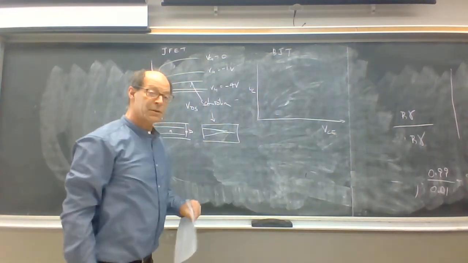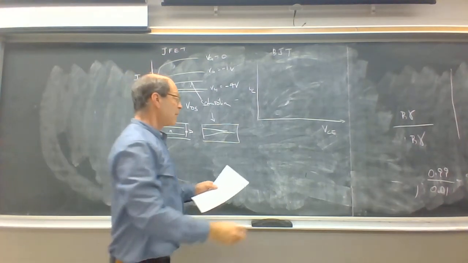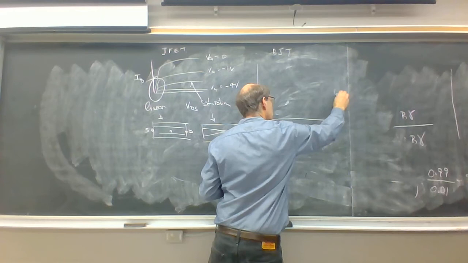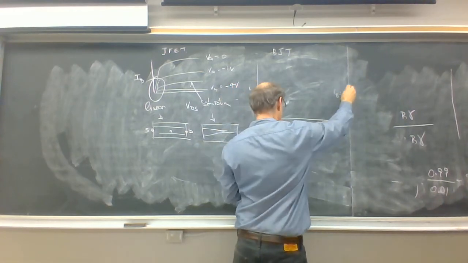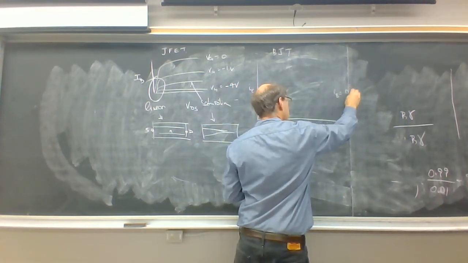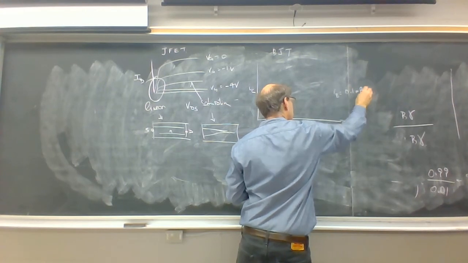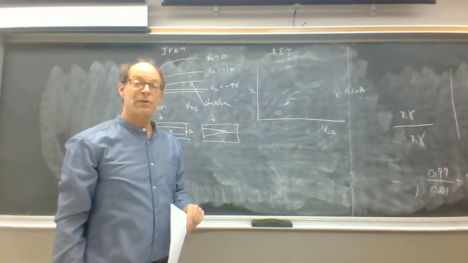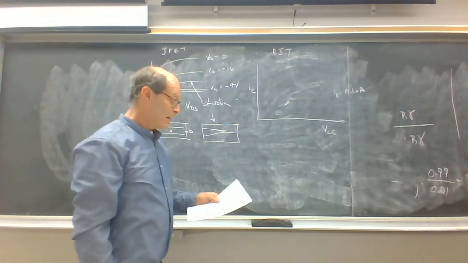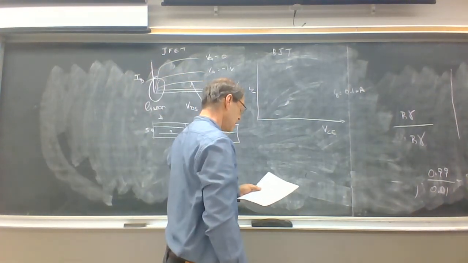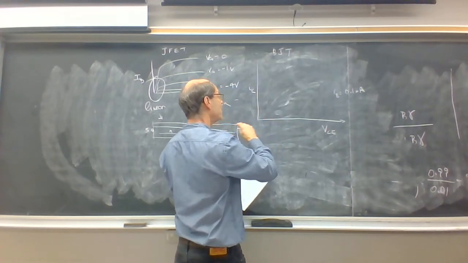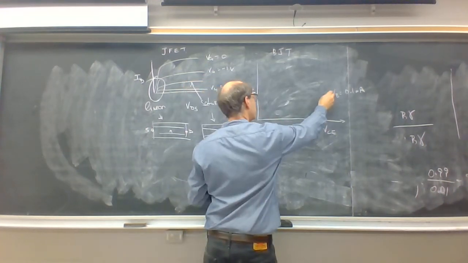So in a bipolar junction transistor, if I put a certain base current in, let's just say a base current of 0.1 milliamp, and let's assume that the current amplification ratio was 100, I would expect to get approximately 10 milliamps of collector current.